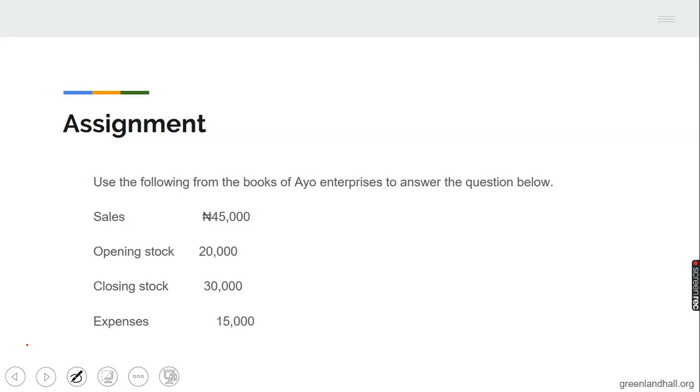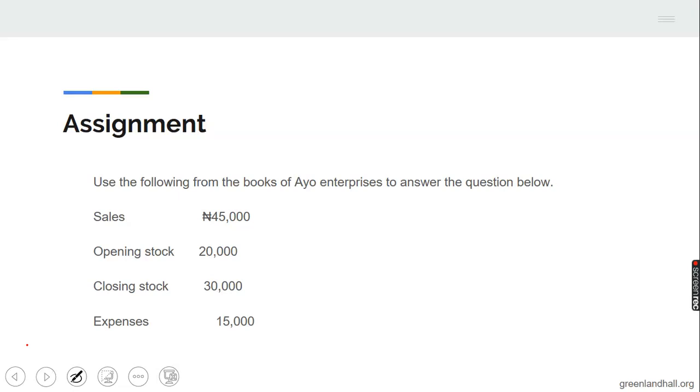Assignment. You are given the assignment below, and you are expected to try your hands on it. You are given this information from the books of Fire Enterprises, and you are expected to answer the questions that follow.